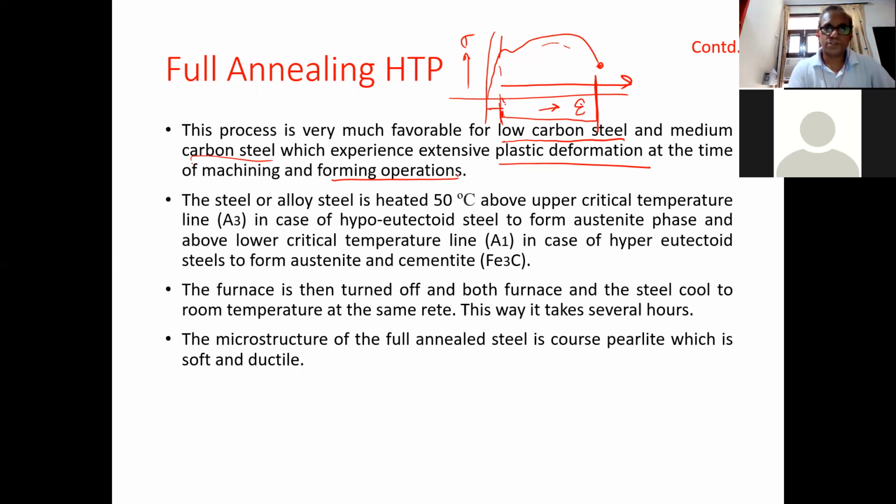The steel or alloy steel is heated 50 degrees centigrade above the upper critical temperature A3 in case of hypoeutectoid steel to form austenite phase, and above the lower critical temperature line in case of hypereutectoid steel.